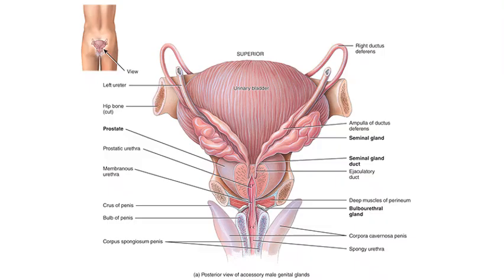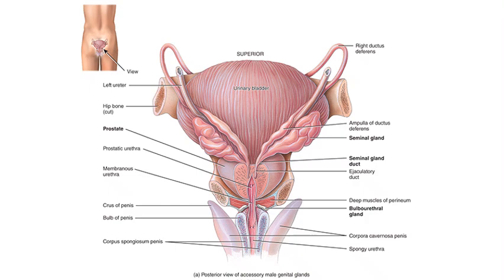Now, looking a little deeper into our genitalia glands. The main accessory male genitalia glands are the seminal glands, the prostate, and the bulbourethral glands. We talked a little bit about them on the previous slide, but the seminal glands are paired, convoluted, pouch-like structures.